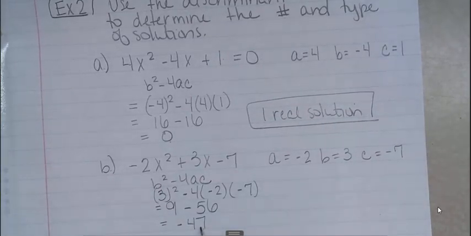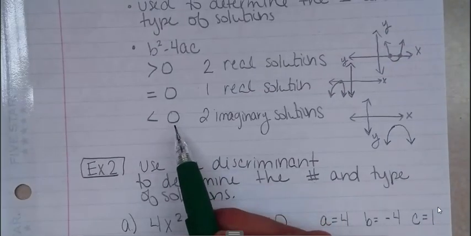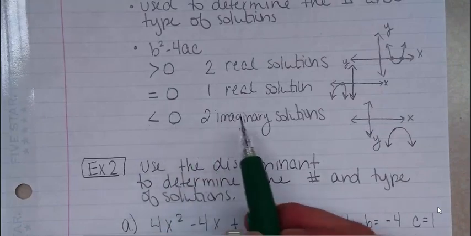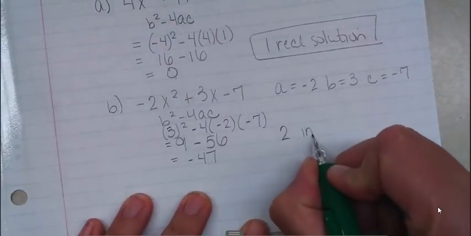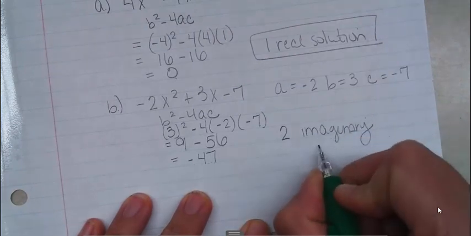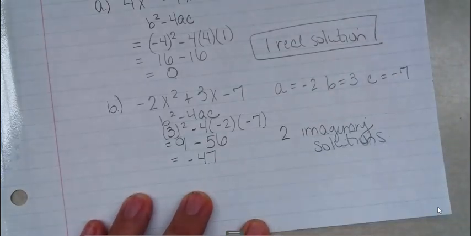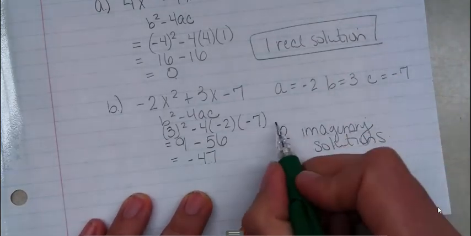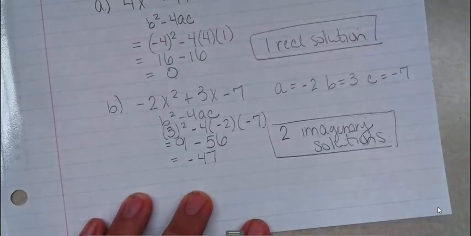So negative 47. So my answer then is negative. If I end up with something less than 0, I'm going to have two imaginary solutions. Or complex would be another way that you could describe this. Or non-real would be another way that you could describe this. So I'm not sure how the back of your book does it, but imaginary, non-real, or complex.